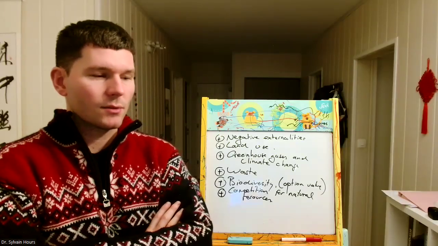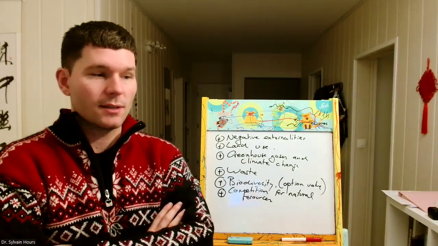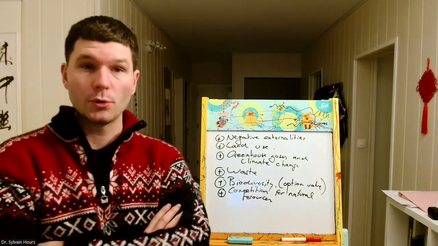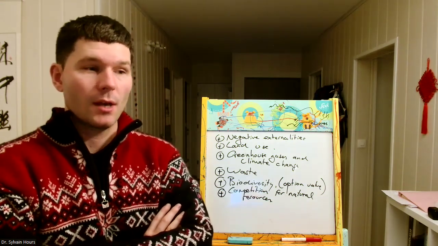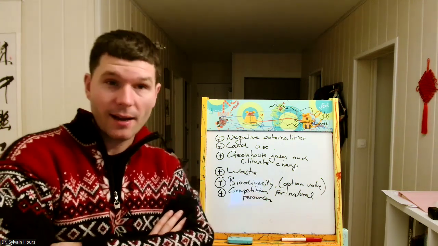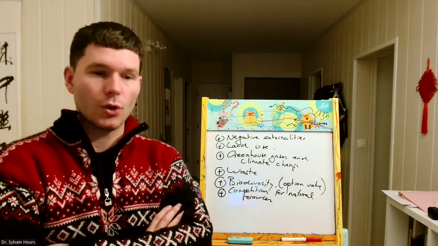And something that is quite interesting is that you don't really choose whether or not you want to produce them, right? It basically depends on the underground. Do you have some of these resources or not?